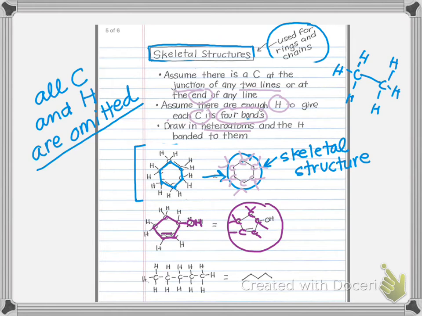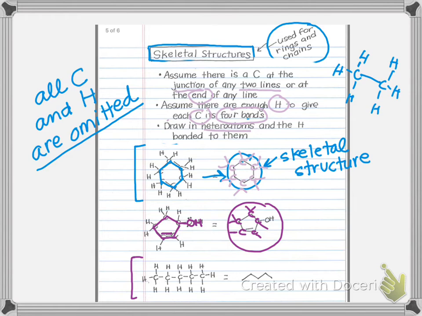Now this is the one that I find the silliest down here, and that is drawing the skeletal structure for lines. So watch, if I tried to do what I did before and I just connected each one of the carbons, it would look like a straight line. So what they do is they go up and down. So let me erase that.